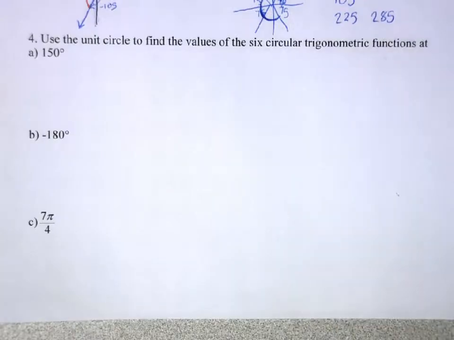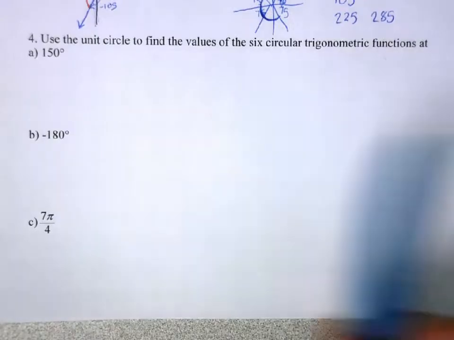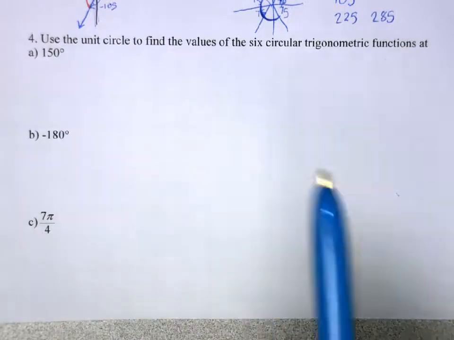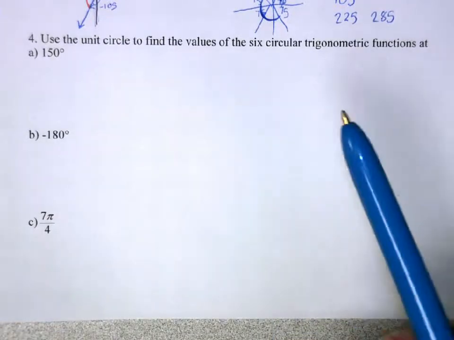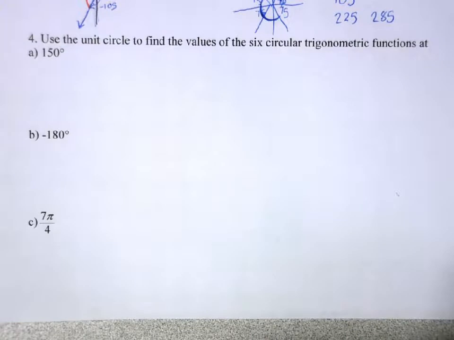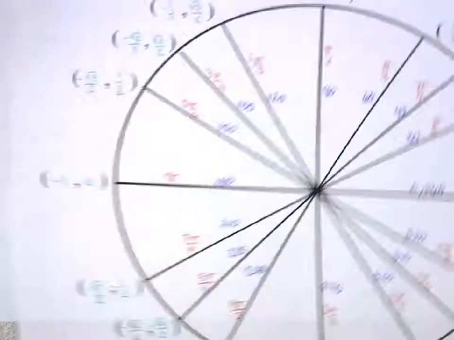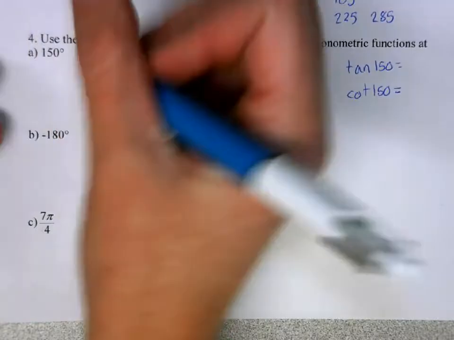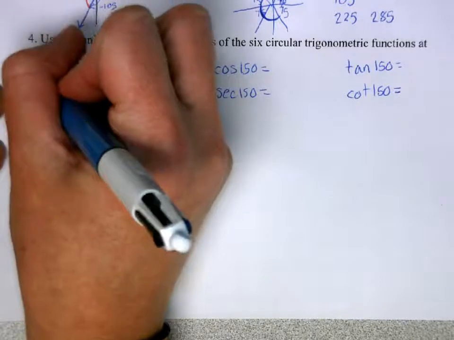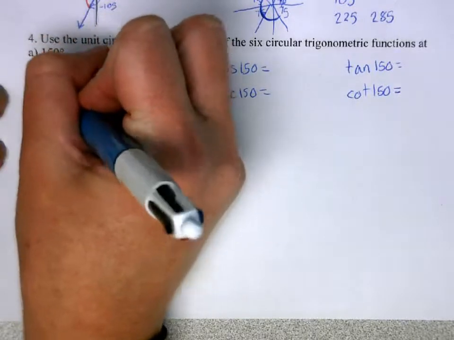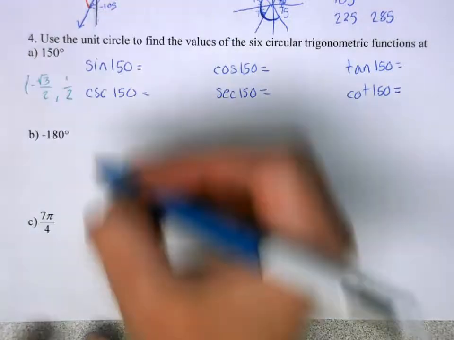Next, we're going to use the unit circle to find the 6 trig functions at these 3 different angles. So on the unit circle, sine is y, cosine is x, tangent is y over x, and then the reciprocals are the reciprocals. So for 150, we find our coordinates are negative root 3 over 2, 1/2. And from that we get all of our information.